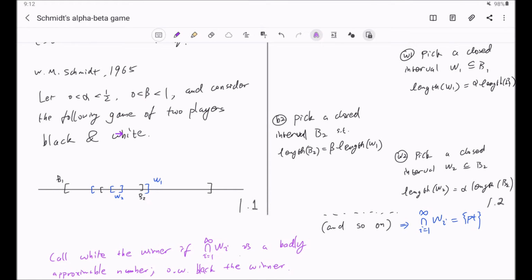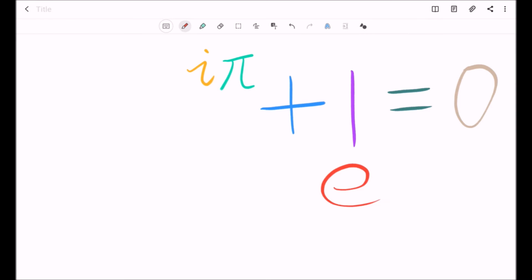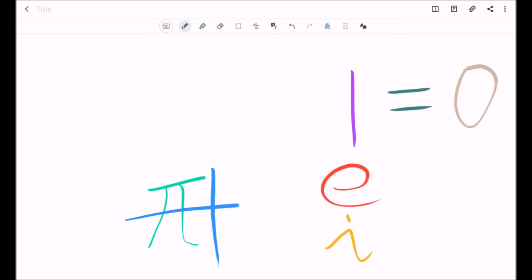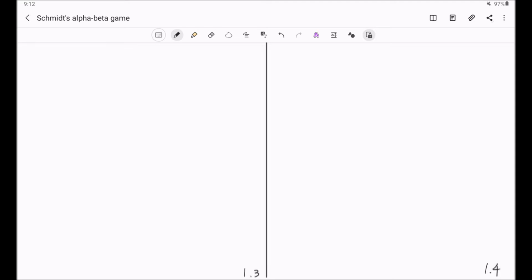The example we talk about here is a special case of the following Schmidt game in a more general setting. Now we'll talk about the abstract Schmidt games, which have a name: FG games. Now we let M and omega be two sets, and omega prime be a subset of omega.